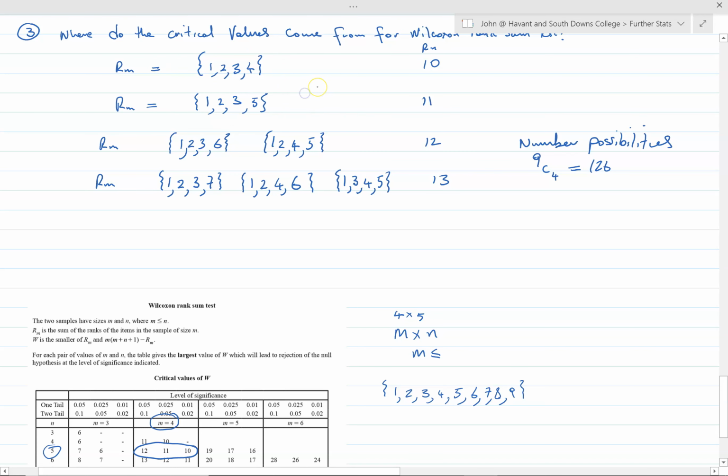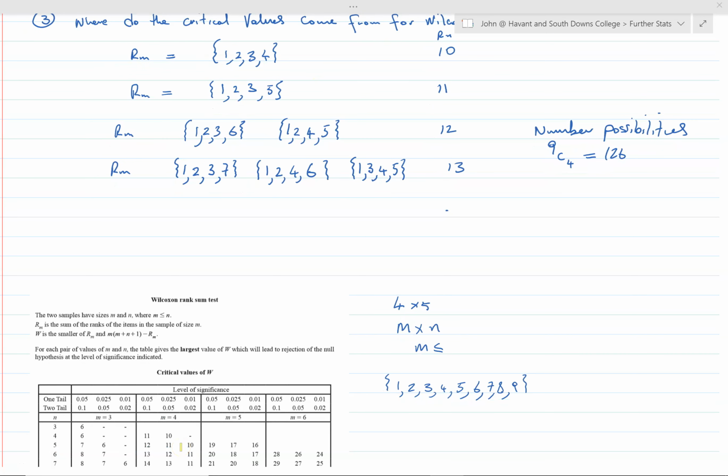Just to remind us what we're trying to do, we're trying to justify these critical values in this particular case for a 4 by 5, and we've worked out some possibilities where the RM number is small, between 10 and 13, to justify why these numbers 12, 11, 10 occur.